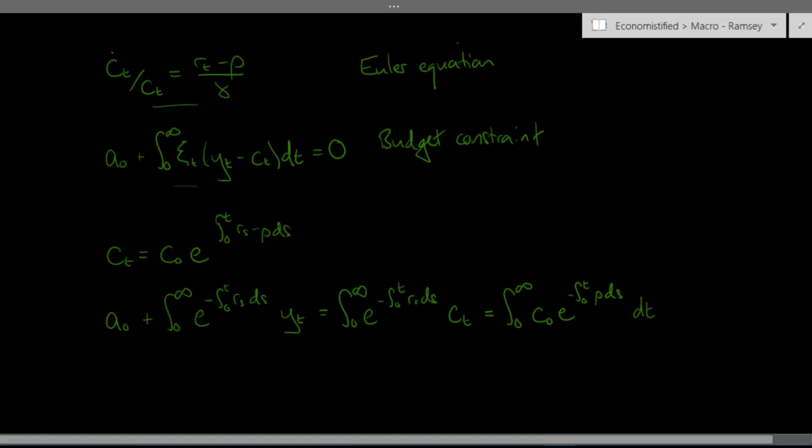And C_0 is also a constant, it doesn't depend on t, so we can also pull that out of the integral. So this term here is just going to be equal to e to the minus rho t, and I guess I'll write that here. And pull C_0 outside of this integral. And just evaluate this with respect to t, and of course that just gives 1 over rho.